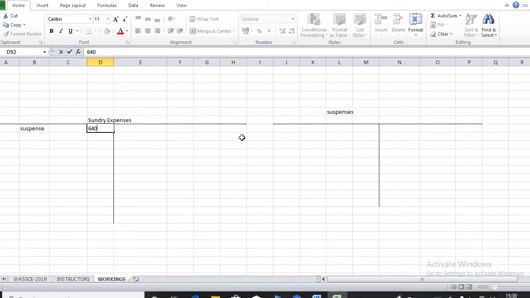Then we credit the suspense account in the name of sundry expenses with an amount of 640. When you are done with this, you have to transfer it to the journal entry.